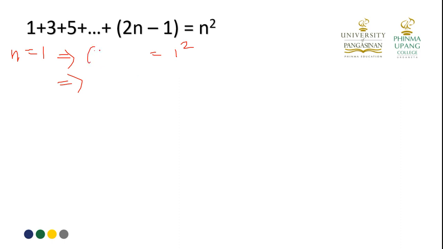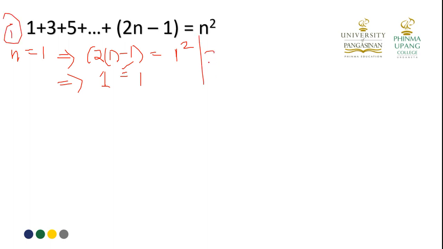Magsi-0 siya kasi. Is 1 equal to 1? Yes, kasi 2 times 1 is 2. Minus 1 is 1. Our left side is 1. And 1 squared is 1. Tama?